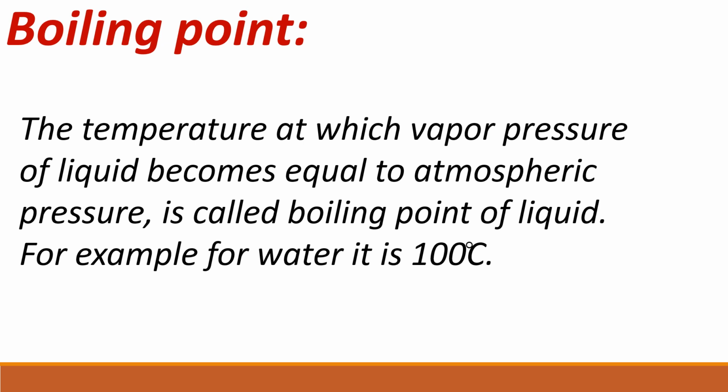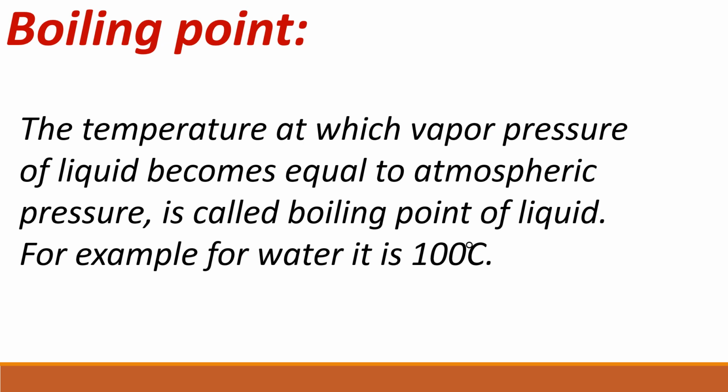Now, boiling point. What is boiling point? The temperature at which the vapor pressure of a liquid becomes equal to atmospheric pressure is called the boiling point of the liquid. For example, for water it is 100 degrees centigrade. When we heat a liquid, for example water, the temperature increases and vapors are formed.